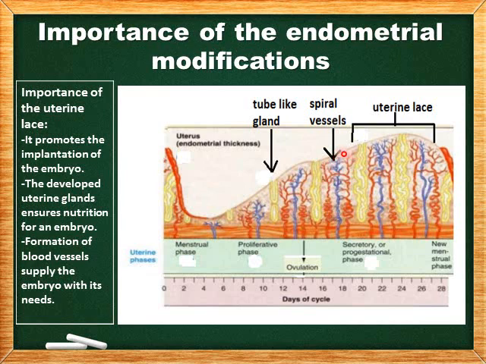And the endometrium increases in thickness more and more. It thickens till maximum here, with very developed tube-like glands and spiral vessels. This structure during the secretory phase is known as the uterine lace. So, once the uterine lace is observed, we can determine that the female is in her secretory phase.